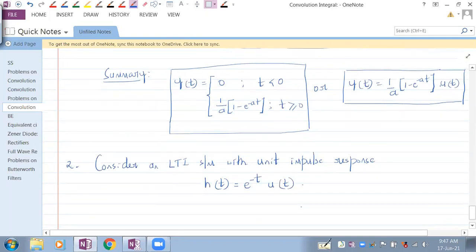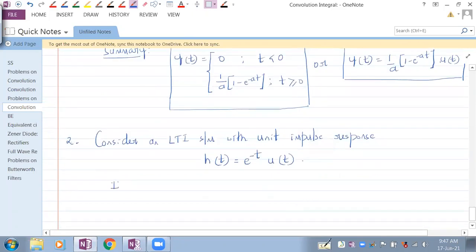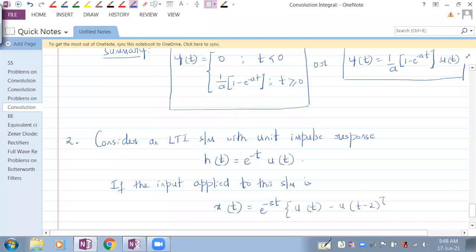If the input applied to this system is x of t equal to e power minus 3t times u of t minus u of t minus 2, find the output y of t of the system.